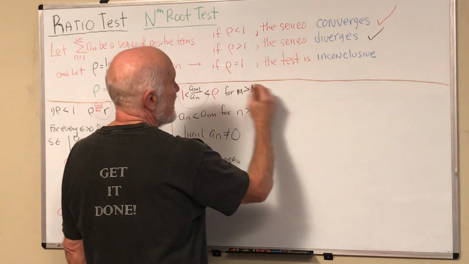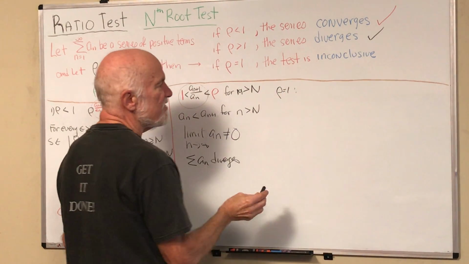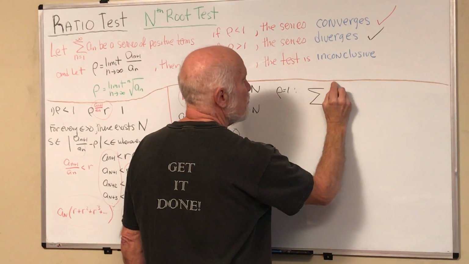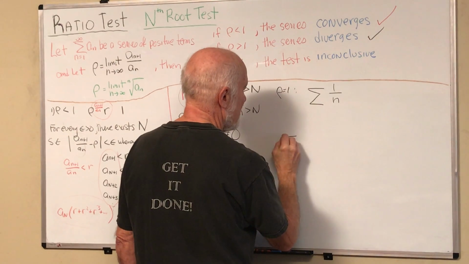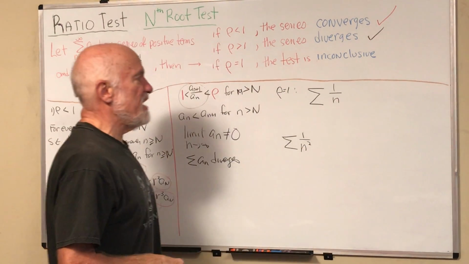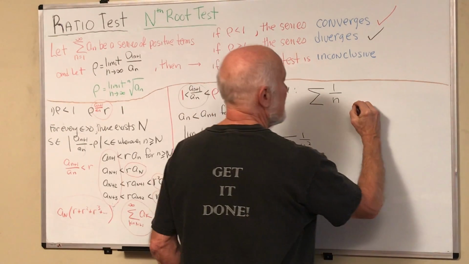Now, for the third one, when rho equals 1, what I'm going to do on that one is take two different series. I'm going to take the series 1 over n, and the series 1 over n squared, and I'm going to do the ratio test on both of them. So what does the ratio test say?